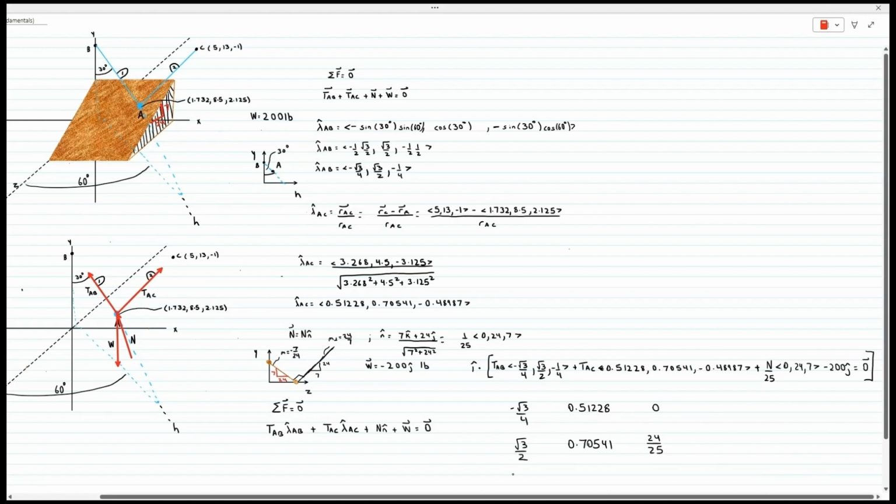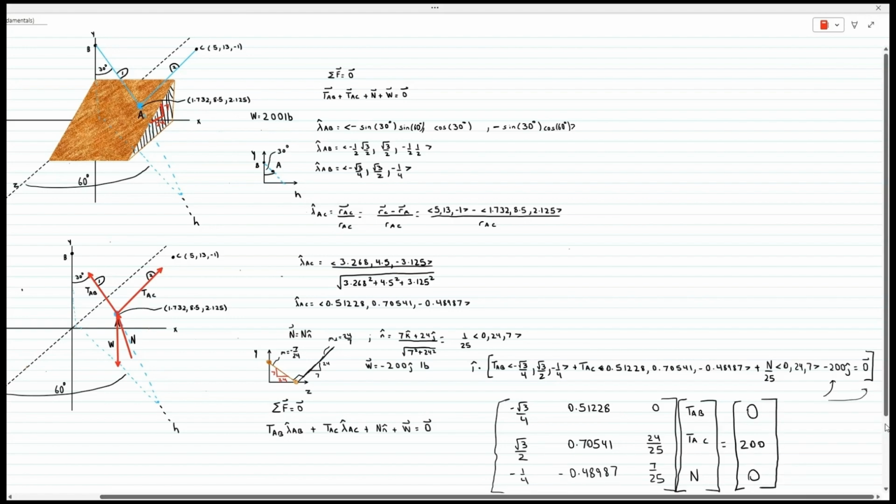The second component of that vector will be the middle equation, and the third equation will be the last components. The vector that we're multiplying is tension AB, tension AC, and the normal force. And the x and z components are equal to 0, while the y component is equal to 200 if we move it to the other side.